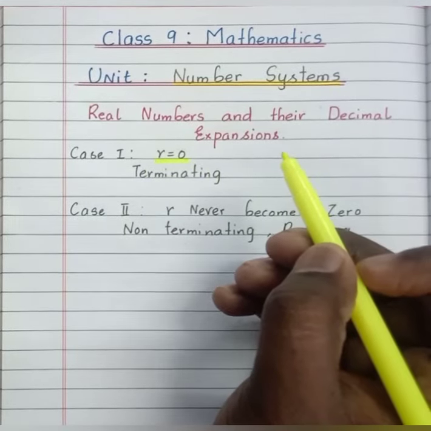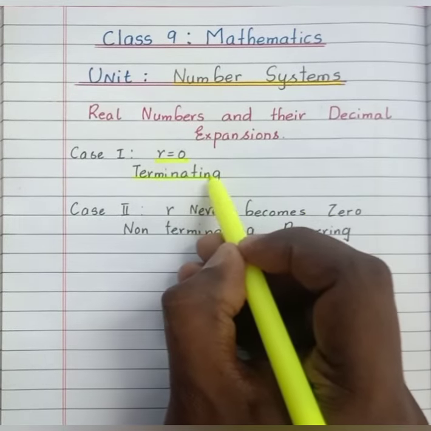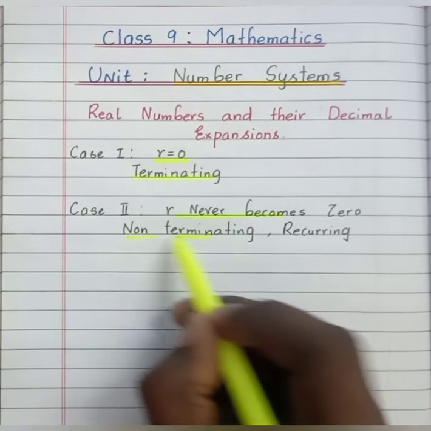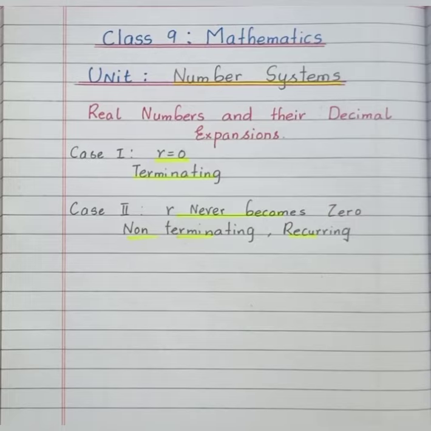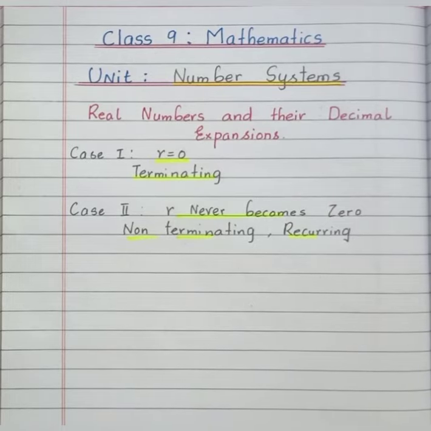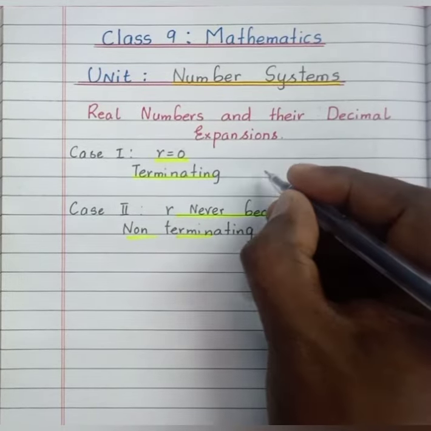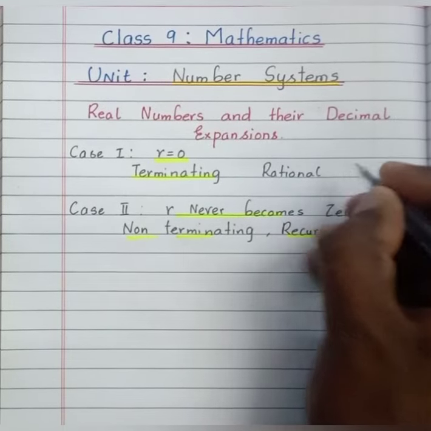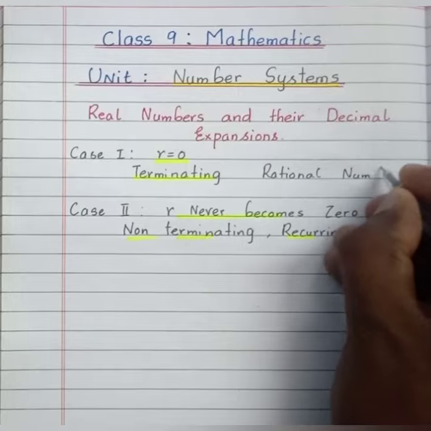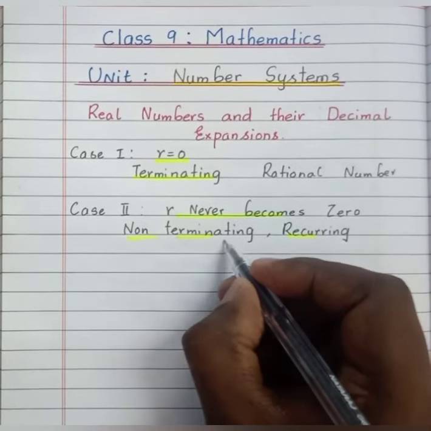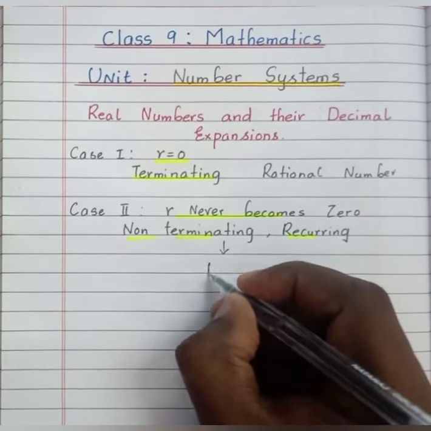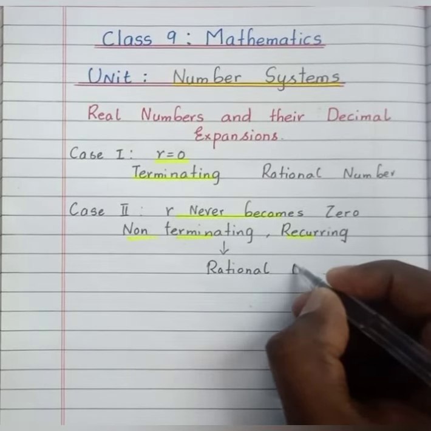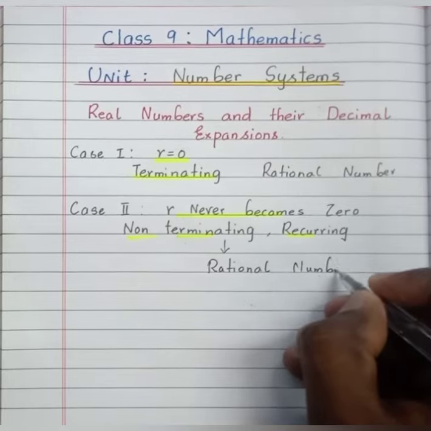When remainder equals 0, then it is a terminating decimal expansion. When remainder never becomes 0, it is non-terminating and recurring decimal expansion. When r equals 0, we call the number a rational number. When r never becomes 0, then it is a rational number.